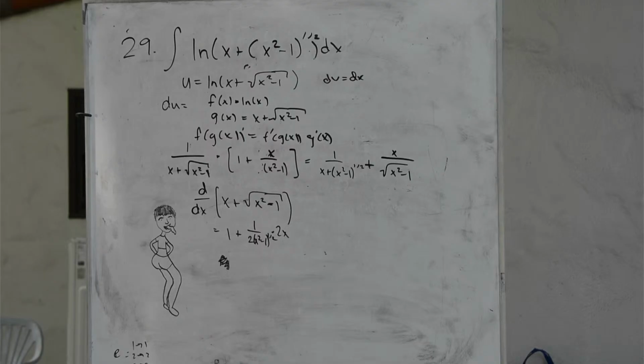Holy shit. How did they do it though? 1 plus x over u, I guess. Or not u, but whatever we're gonna call that in the square root. Divided by x plus. Yeah.